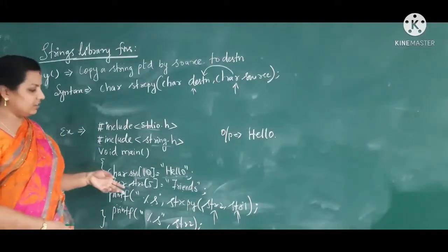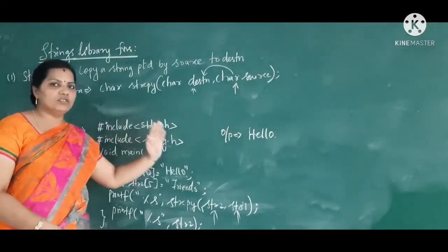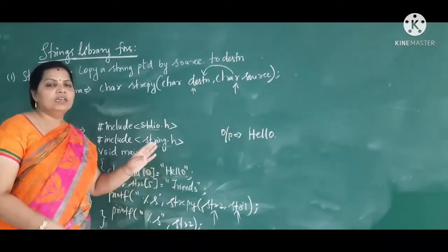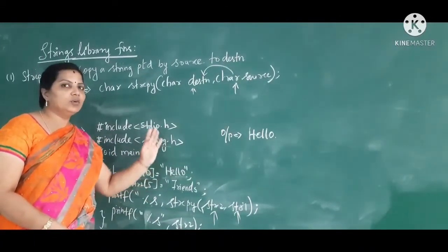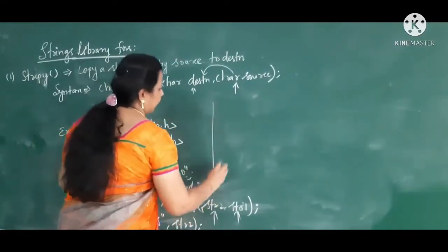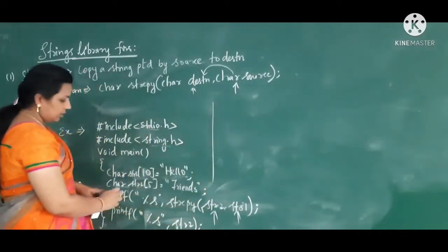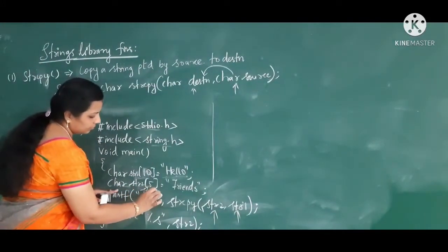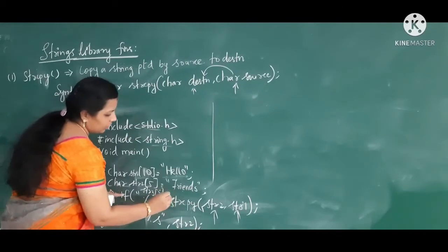Now there are cases where you can have a series of copy calls. String copy can be put into a chain reaction. Like I can go for another string variable, say str3 of size 5.